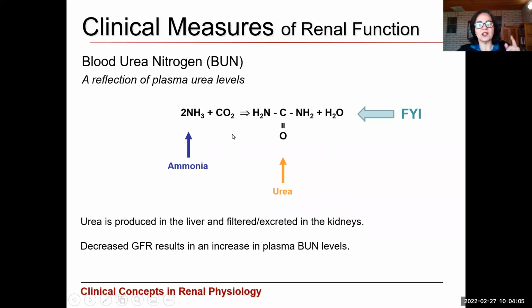The thing is, there are multiple other factors that will influence how high this number is. So like protein intake, how much somebody's exercising, how much they're building muscle, all of those different factors will make this number go up and down. So it's more variable than the creatinine is. And so you'll see this reported, you keep track of it, but really the better metric for kidney function is creatinine level and creatinine clearance.